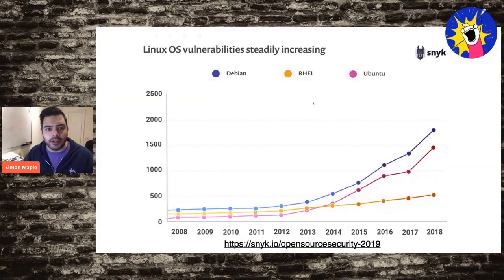Now, if we look at the number of vulnerabilities that exist in open source Linux distributions, we can see that steadily increasing, and very heavily in the last 5 or 6 years alone. A lot of this is due to the popularity of containers being thrown around and it being another attack vector for people.